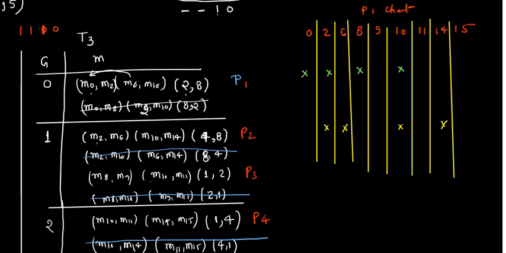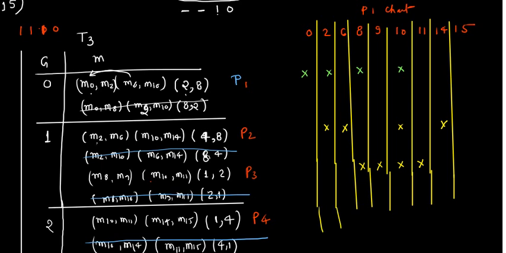Okay, so we are done. Now we have P3, right? P3 would cover M8, M9, 10 and 11. And P4 will cover 10, 11, 14, 15.